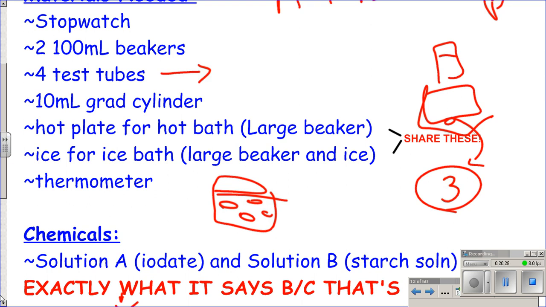What's activity? The data table in the back is very informative. It'll help kind of lay out instructions a bit better.